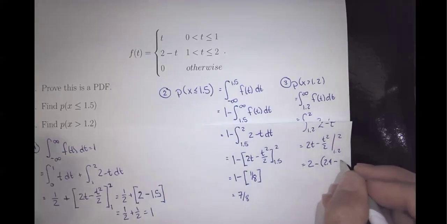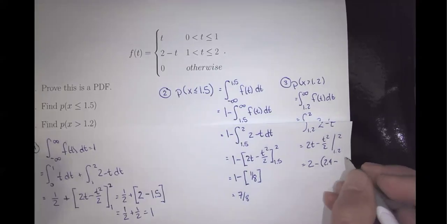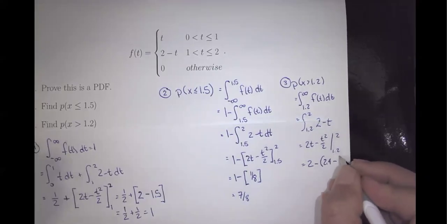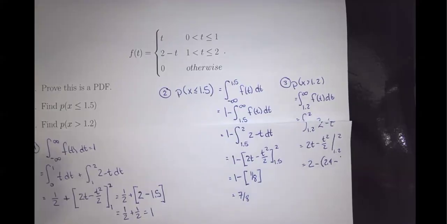That's not true. 12 over 10 squared is 144 over 100. Maybe it's easiest to just plug this into a calculator.